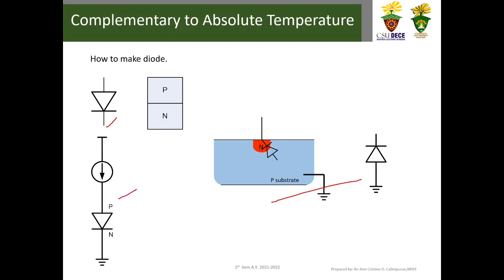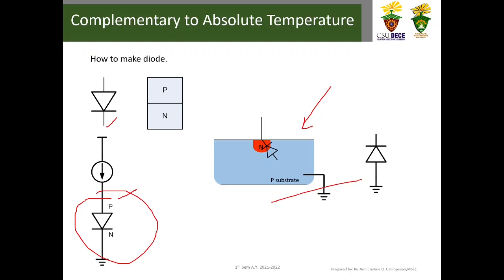Our target configuration is that the anode of the diode is free to be connected anywhere, not to the ground. Here the anode must be connected to the current source. But in this configuration, as you can see, our anode is connected to the ground. So this is not the case that we wanted.